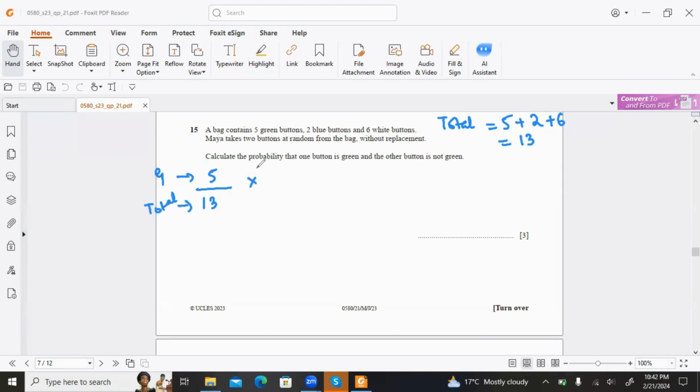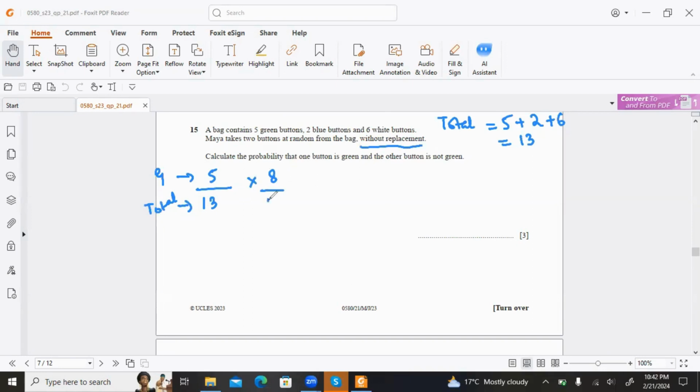Multiplied by the probability of it being a blue button now. Since it can be either a blue button or white button, I'm going to combine the buttons and write that as 8 over here. And since the buttons are taken without replacement, once we have taken a green button, there's one less button in the total buttons.